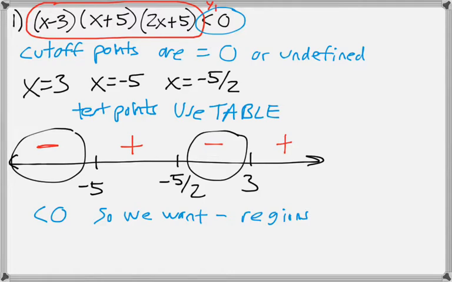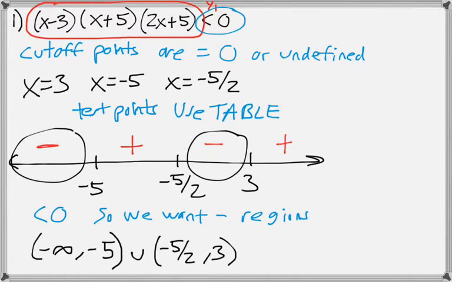In interval notation, that is negative infinity all the way up to negative 5. And I'm not going to include negative 5 because it's strictly less than 0. And then union that with negative 5 halves to 3. And that would be our answer.